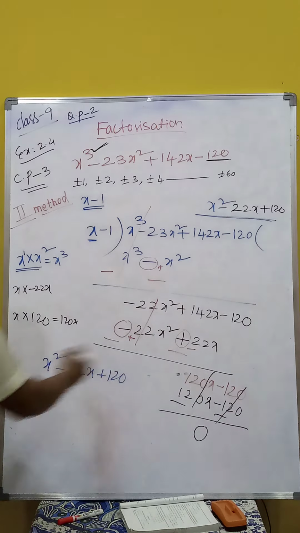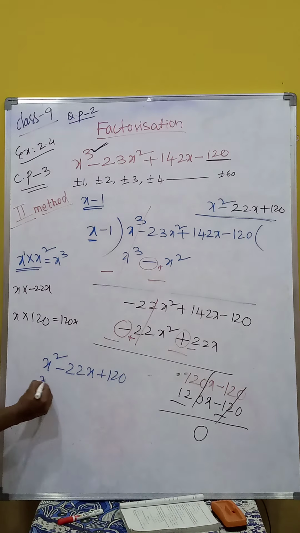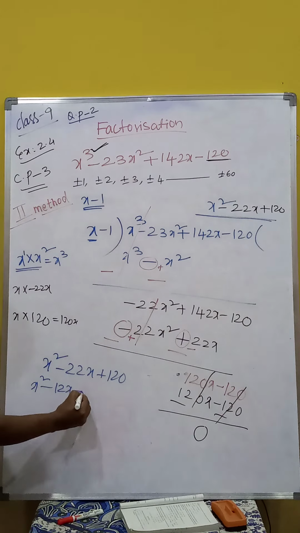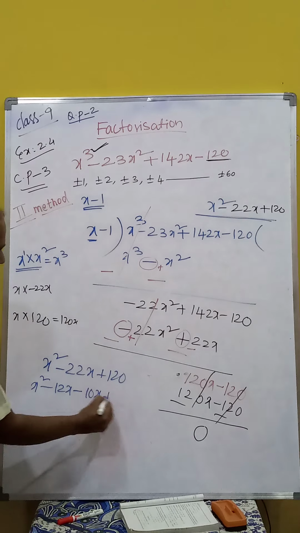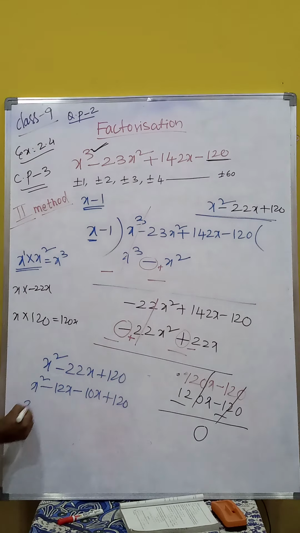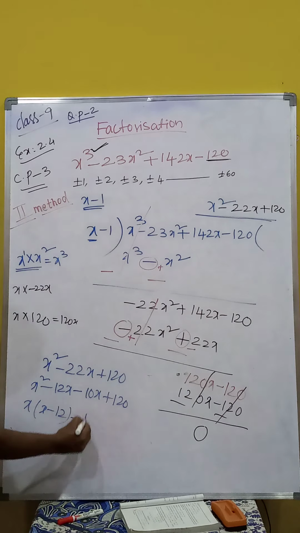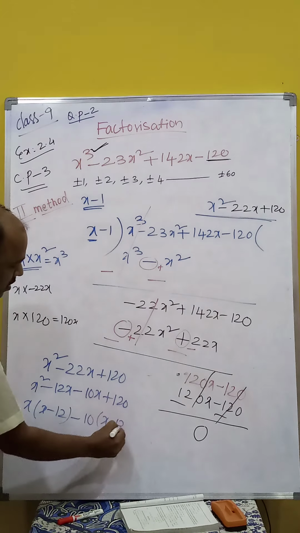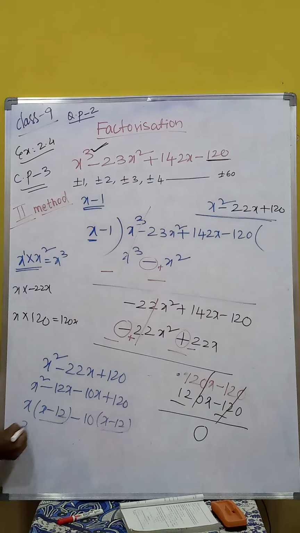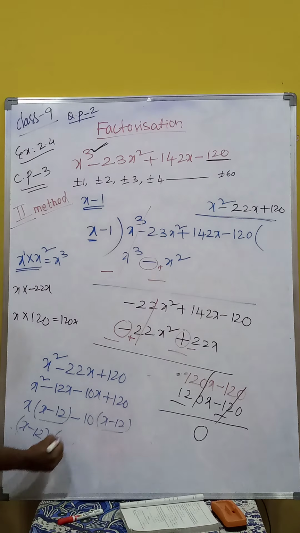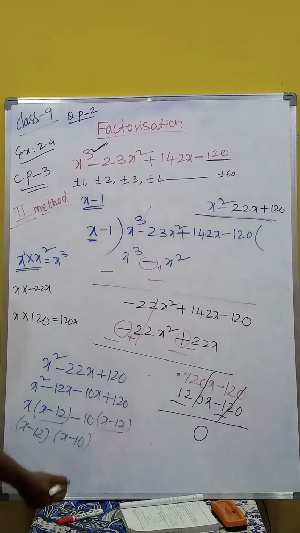Just now we did the same way again: x square minus 12x minus 10x plus 120. x is common here, x minus 12; minus 10 is common, x minus 12, common again. What is remaining here? x minus 10. Same answer we got, I think.